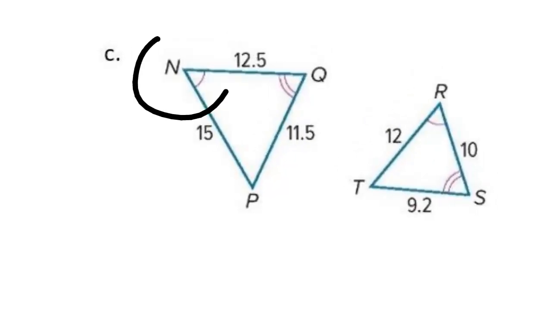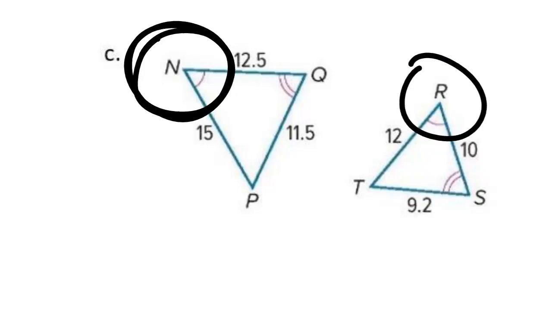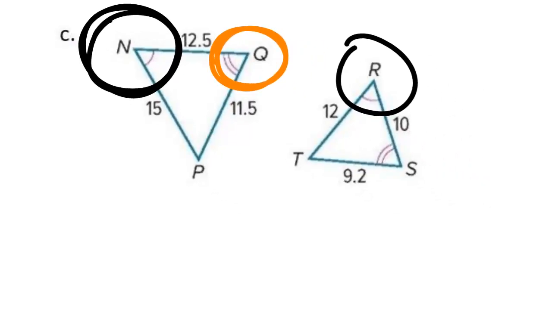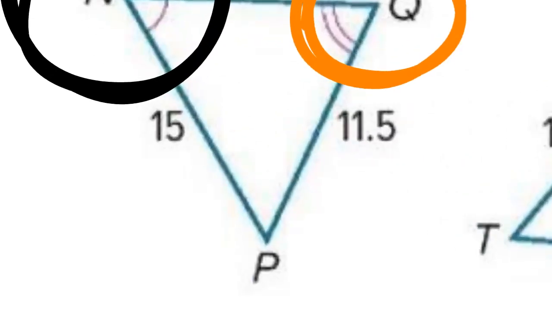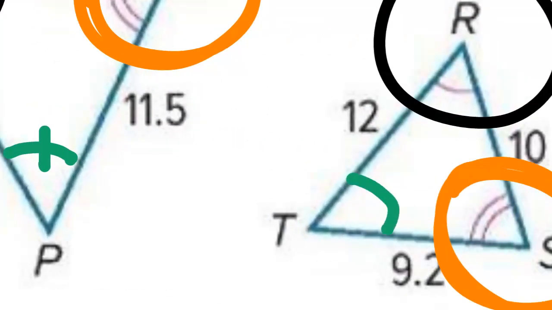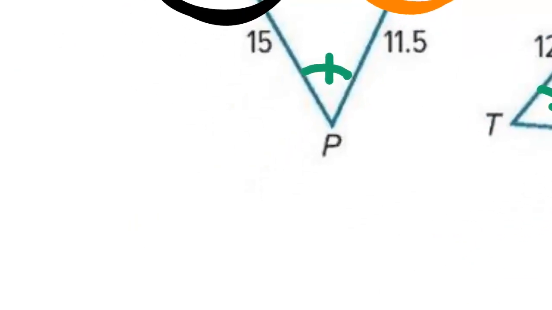Do I have an angle that is congruent to N on the other triangle? Yes, angle R. Do I have an angle that is congruent to Q on the other triangle? Yes, S. And so, if you guys remember back to first semester, by the third angles theorem, that means that angle P and angle T would have to be congruent.